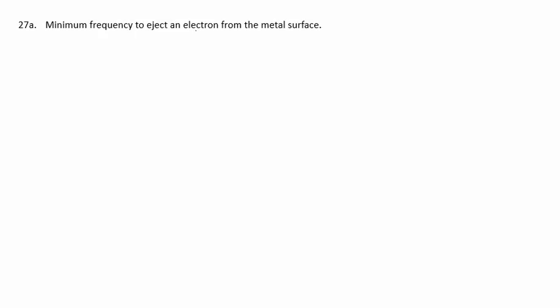In part 1 we're to use Einstein's photoelectric equation to show that work function is the Planck constant times the threshold frequency. Well, Einstein's photoelectric equation is that the Planck constant h times the frequency f, this being the photon energy, is equal to the work function plus the maximum kinetic energy of the ejected electrons.